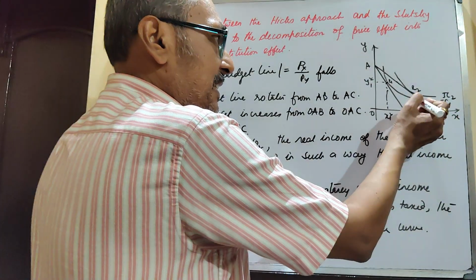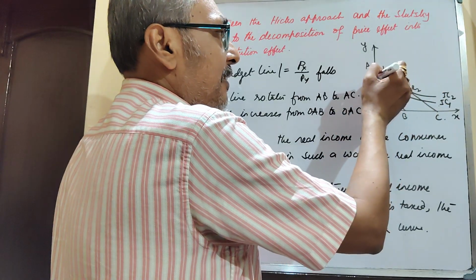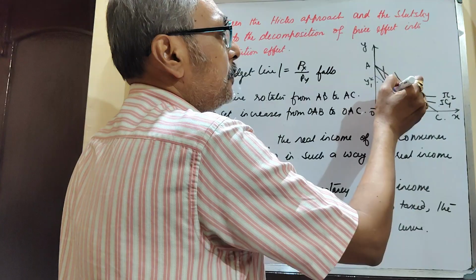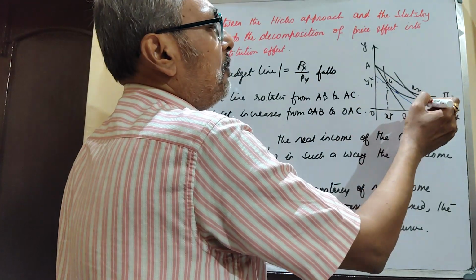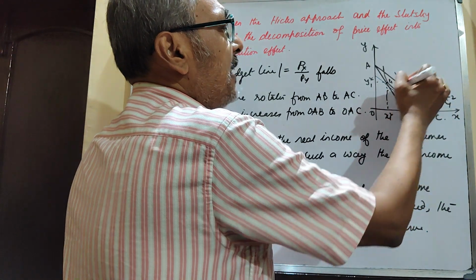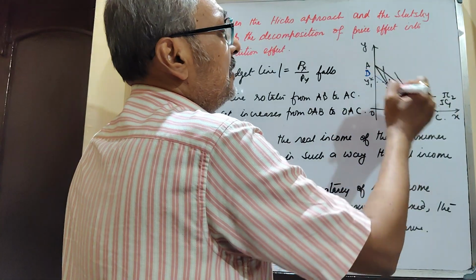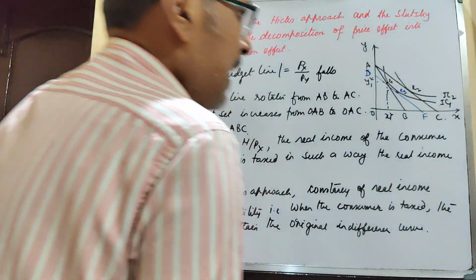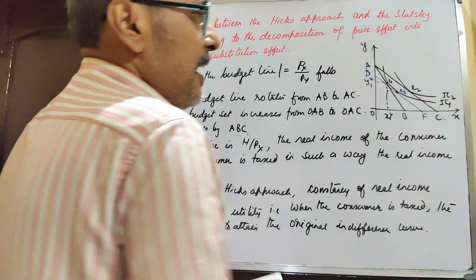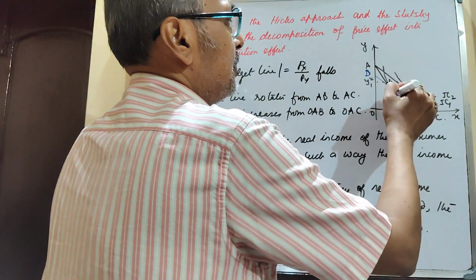That means this budget line AC shifts parallelly in such a way that it becomes tangent to the indifference curve IC1 at E3. This is our DF. DF is the hypothetical budget line, and the consumer is able to attain IC1 at E3.